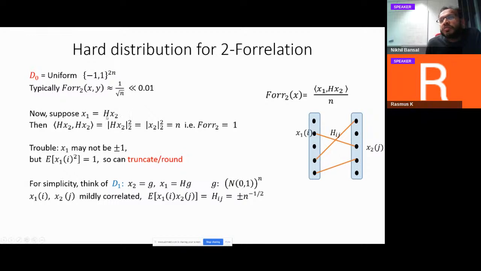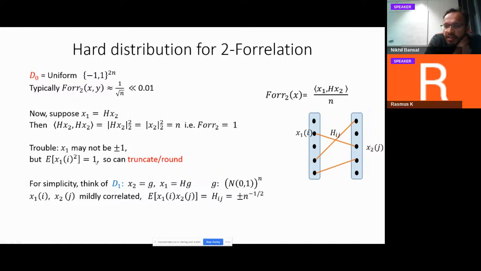So x2 is a +1 minus 1 vector, but h times x2 is not. Still, if you do h times x2, each coordinate will look like a Gaussian with variance 1, because you're summing lots of +1 minus 1 values with 1 over root n coefficients. So it may not be exactly +1 minus 1, but the squared expectation of any coordinate is exactly 1.